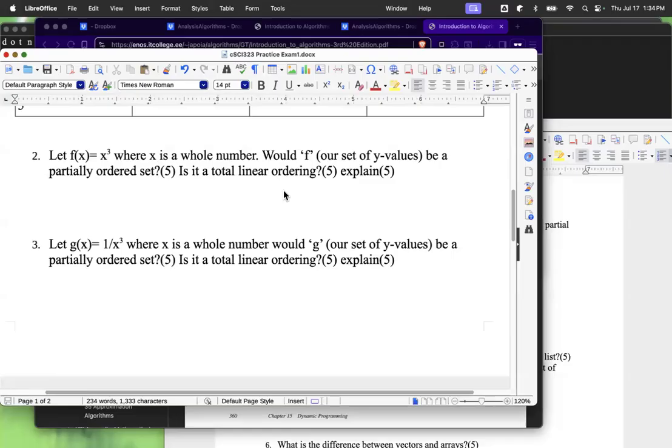But there are undefined components in G by virtue of the fact that we chose that particular number system. And since fractions are a subset of the real numbers, we have decimals and whatnot, even R, the set of all real numbers would be a partial ordering, but not a total linear ordering. So that's the outcome of that.